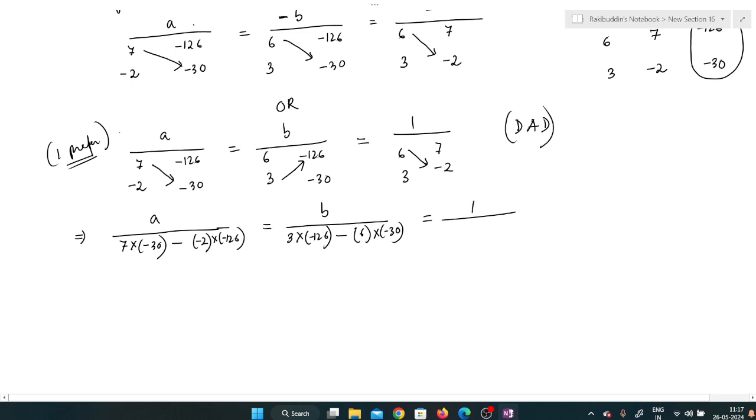For 1 by, 6 2s are 12, so 6 times minus 2, then 7 multiplied by 3, and in between there will be a negative sign from the formula. Now if you simplify this, you get 7 30s are minus 210, 7 3s are 21, so minus 210 again.